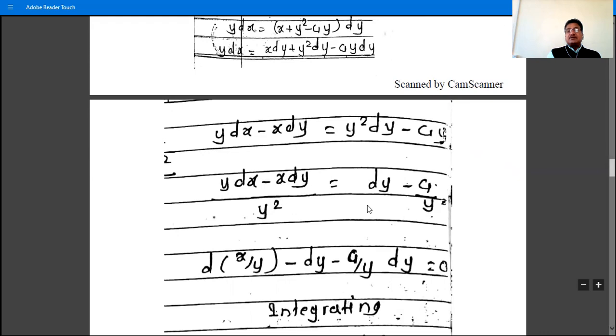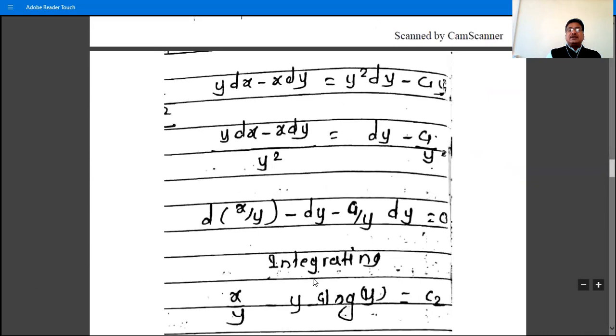So dividing by y square, dy minus c1 y divided by y square is c1 by y dy, so c1 dy by y. And this is the derivative of x by y. Using the u by v rule, (y dx minus x dy) divided by y square, minus dy plus c1 dy by y is equal to 0.